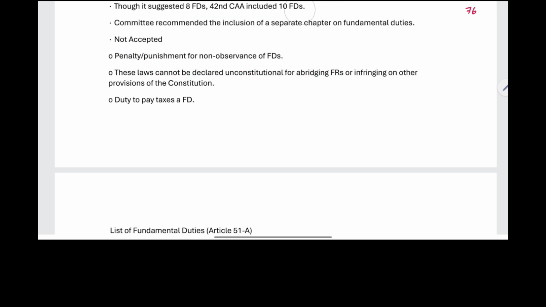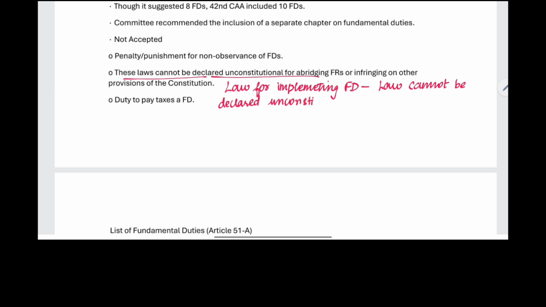When we have a law for implementing a fundamental duty, this law cannot be declared unconstitutional for abridging the fundamental rights or for infringing on other provisions.